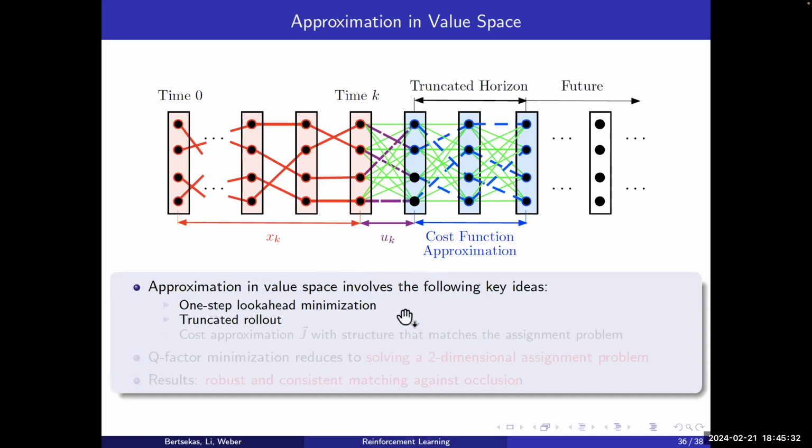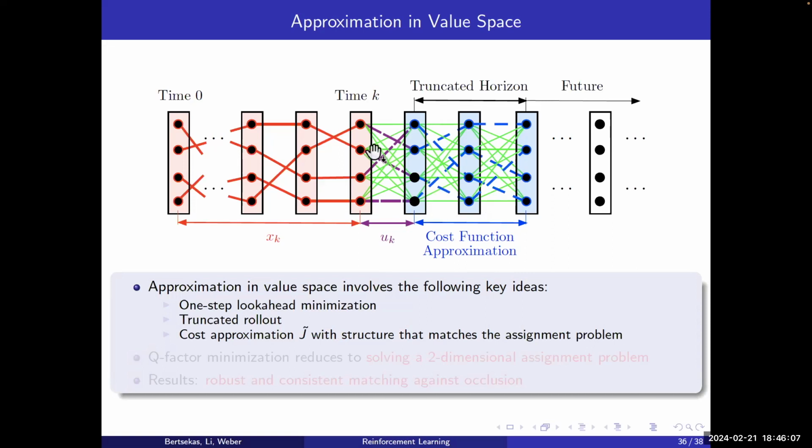But in addition to that, we also perform truncated rollout, by which I mean that to select the control u_k here, we construct some tentative matchings starting from the next frame using some base heuristic, and then apply a certain cost function approximation with a structure matching the assignment problem. It will be clear a moment later.